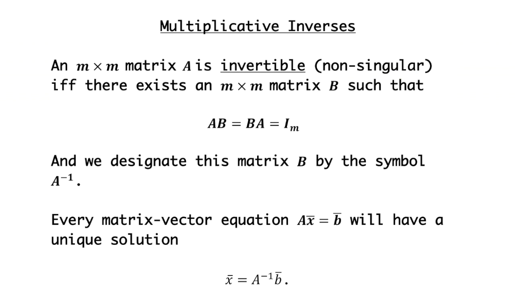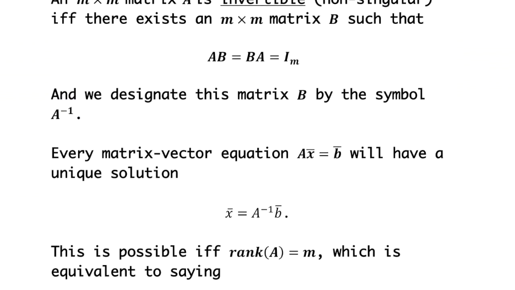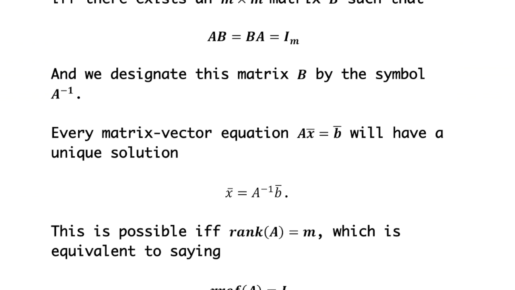A square matrix, m by m matrix A, is invertible if and only if there exists a matrix B of the same dimensions such that AB equals BA equals I sub m. We usually designate this matrix B by A superscript -1. It looks like A to the -1 power. All right, you're familiar with that.